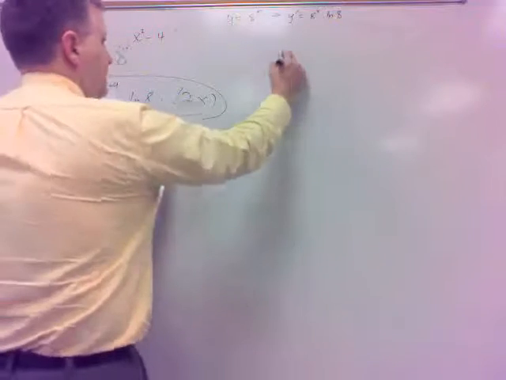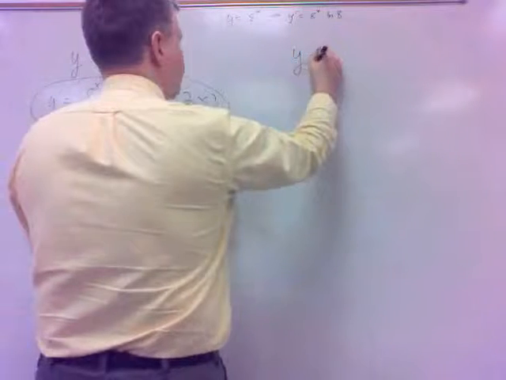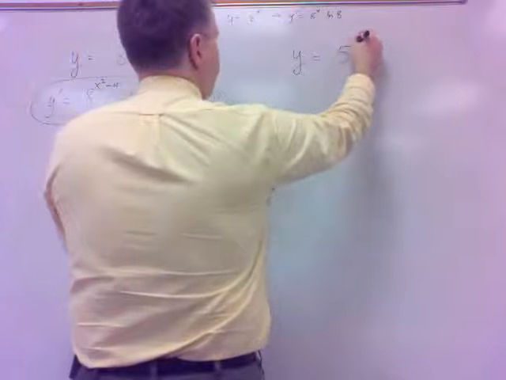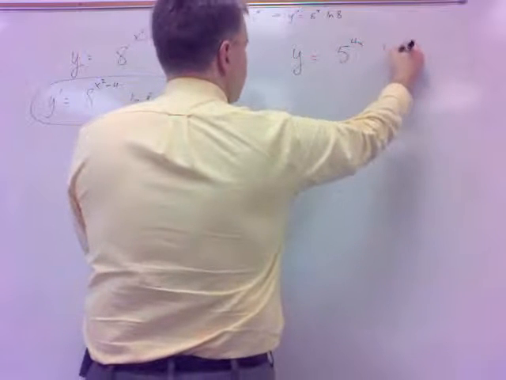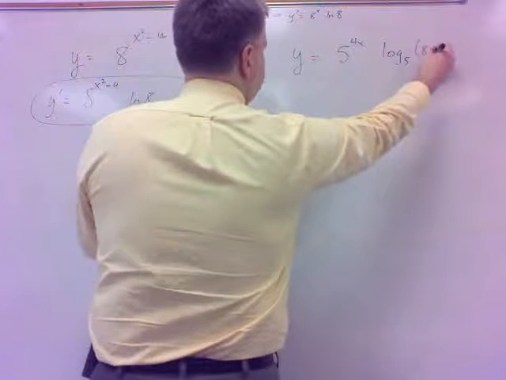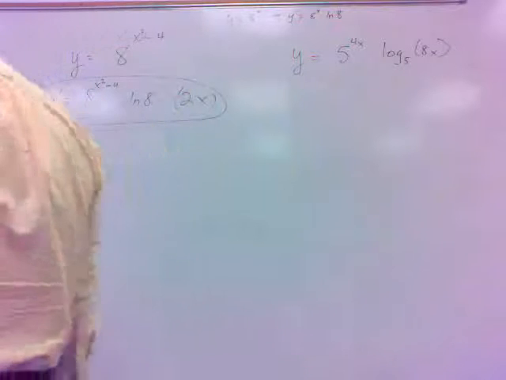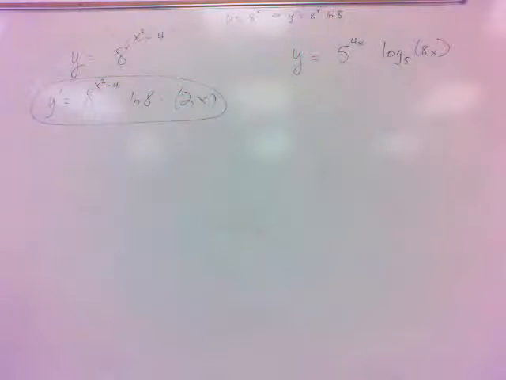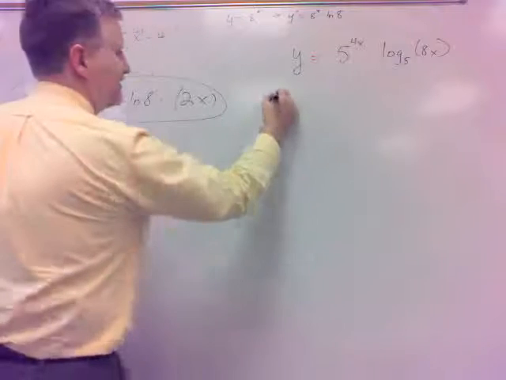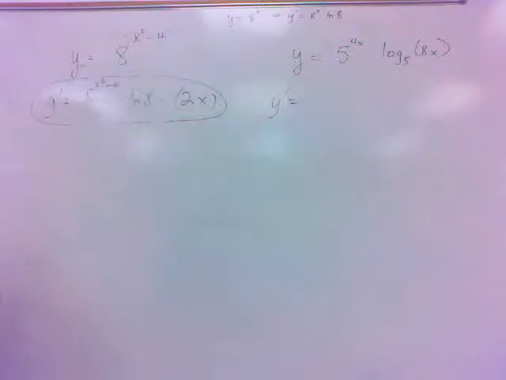This one has maybe both kinds. All right. What if I have 5 to the 4x times the log base 5 of 8x? What do you got there as far as derivative? Well, much is going on here.